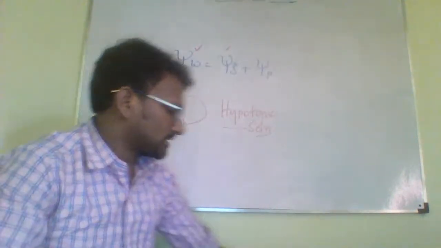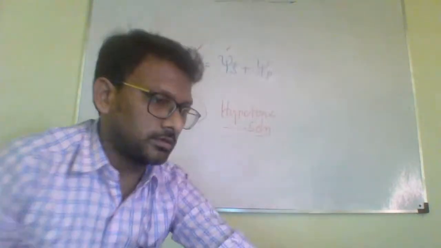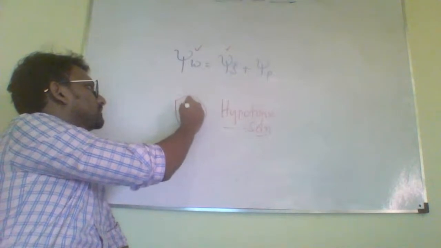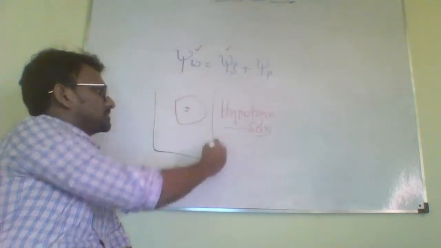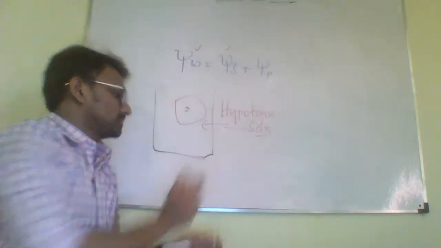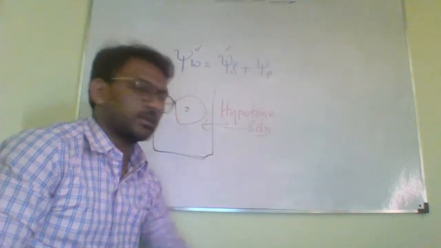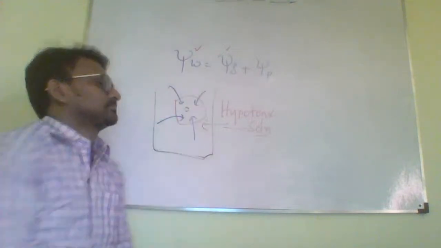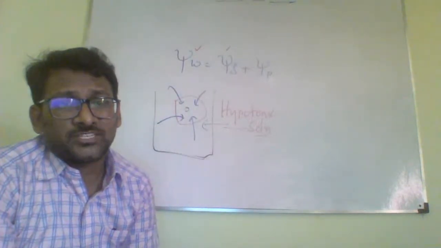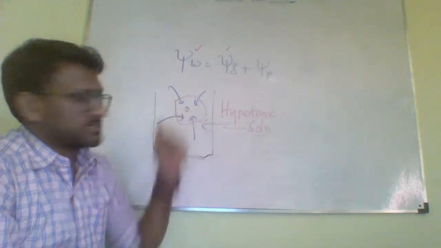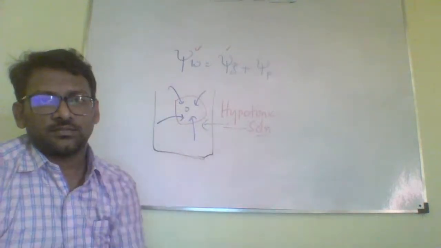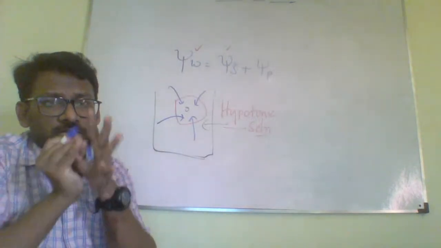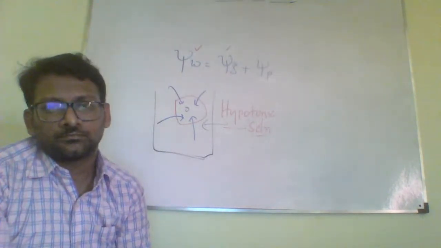So when we place this cell into, if you consider this is a cell, okay, consider this is hypotonic solution. So water tends to move inside the cell. Okay, so pressure develops inside the cell, right? Because the water is entering, this pressure presses the protoplasm against the cell wall, right?